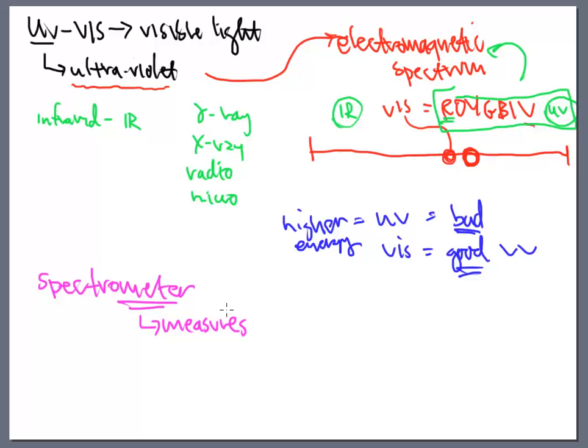Well, if something is labeled as a spectrometer with the spectra or spectro out in front, then this represents light. So what a UV Vis spectrometer is, it's a meter that measures light. What light does it measure? It measures the UV and it measures the visible region of the electromagnetic spectrum.